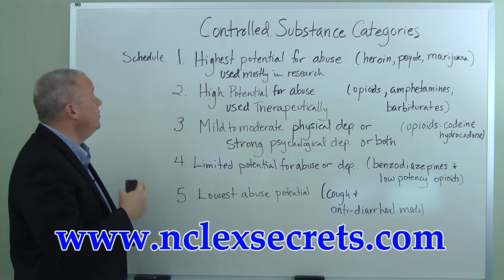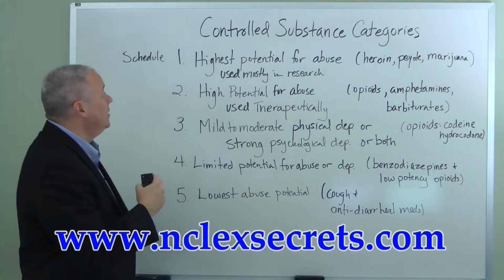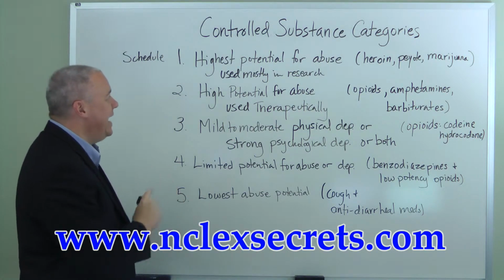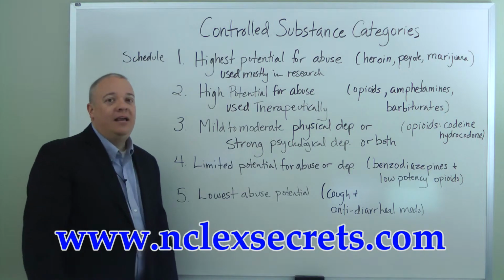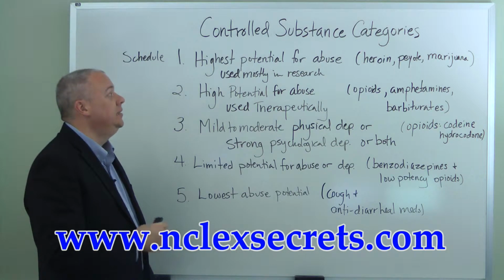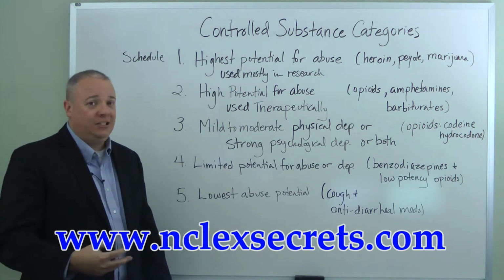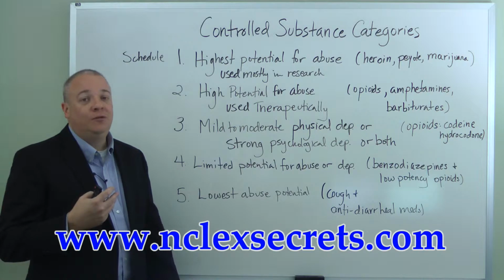So when we think about Schedule 1 in controlled substance categories, these are the controlled substances that have the highest potential for abuse, and they are used mostly in research, and these are things like heroin, peyote, and marijuana. It doesn't mean that they have the highest potential for addiction, they just have the highest potential for abuse.